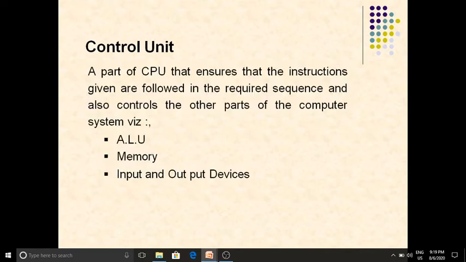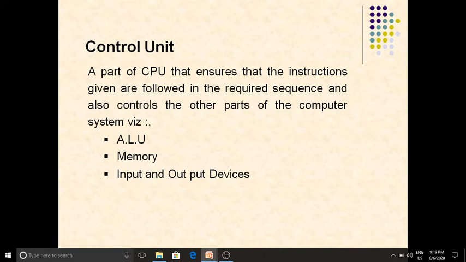Now next is the control unit. So what is this control unit? The control unit controls all the connections of the monitor, CPU, keyboard, mouse, printer, whatever is connected to the ports. It will control all the instructions.